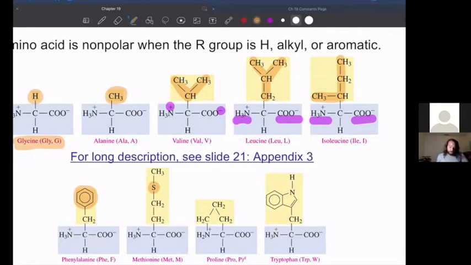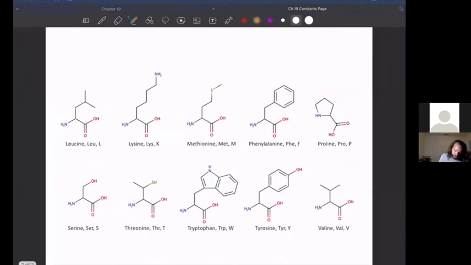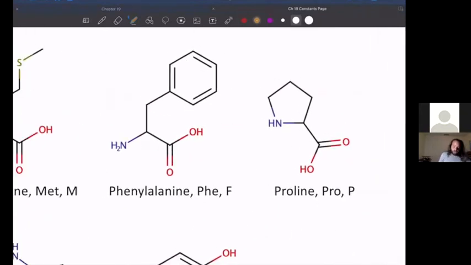Proline is probably the weirdest of all the amino acids in that it looks a little bit different. And I don't think that this drawing right here does it justice. So I want to show it instead on our constants page. Go to P for proline. You see that from the alpha carbon, if we go all the way around to the amino group, which is really an ammonium group, it's all locked in this ring. Both the alpha carbon and that nitrogen are part of this 5-membered ring.